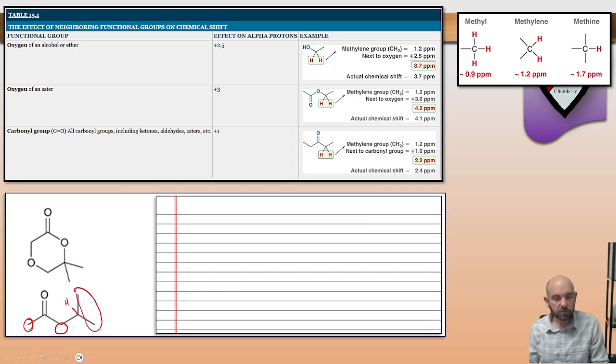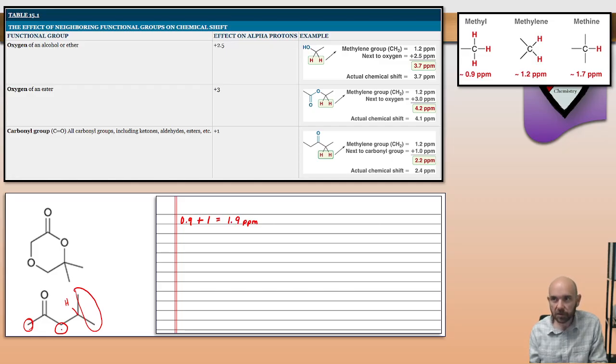So I would expect 4 different signals from this molecule, and starting from the left, that is a methyl group that is in the alpha position to a carbonyl group. So methyl groups have a standard chemical shift of 0.9 parts per million, plus being alpha to the carbonyl group there will add 1, so I would expect 1.9 parts per million for the chemical shift of that particular methyl group.